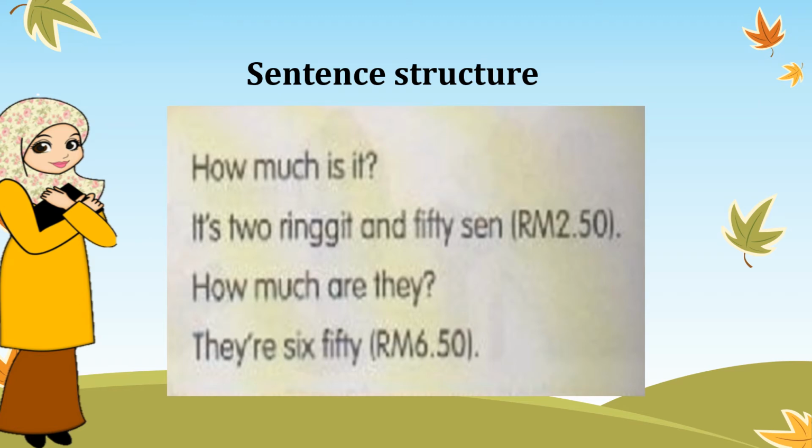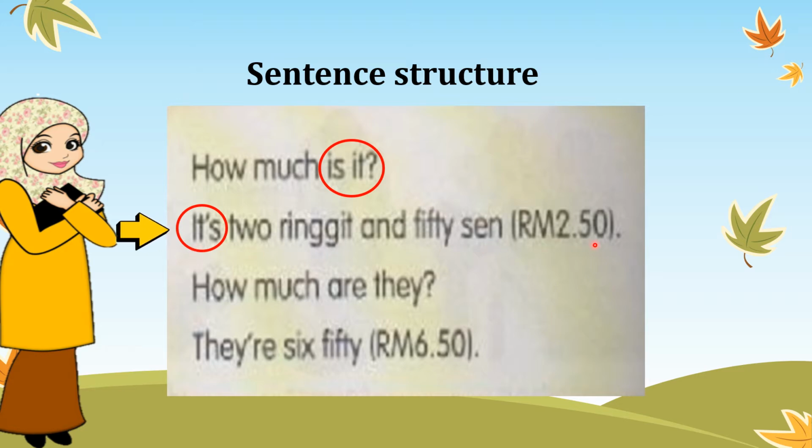Now let's learn the sentence structure. Okay, so look at this. The first one, how much is it? Okay, so I circle this word, is it. So when you want to answer, we have to use it's. It's 2 ringgit and 50 sen.